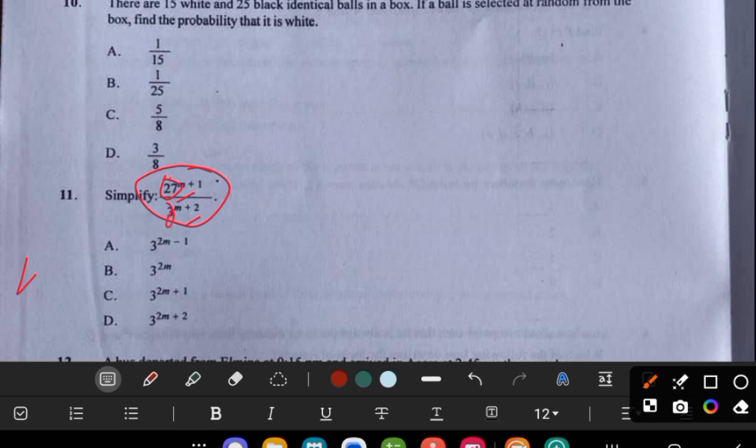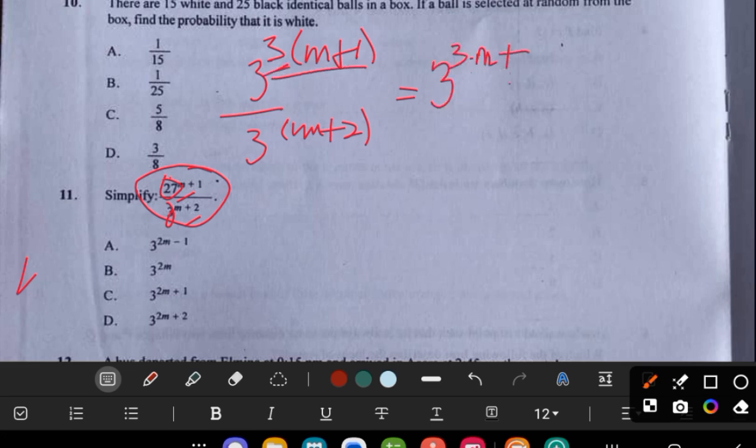So what can we do to 27 so that it also has a base of 3? So we know that 3 exponent 3 is 27 over 3. So m plus 1, m plus 2. Once you have this, the work is done. Plus 3 times 1 is 3 over 3 m plus 2.